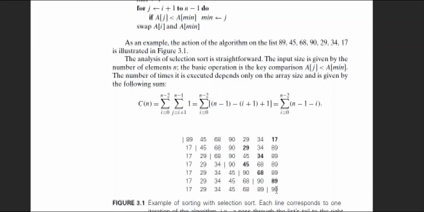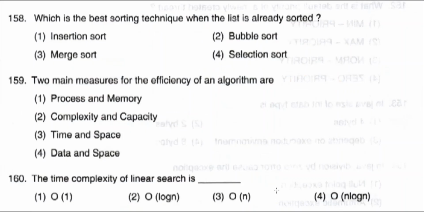Two main measures for the efficiency of an algorithm. The options are: first, process and memory; second, complexity and capacity; third, time and space; fourth, data and space.